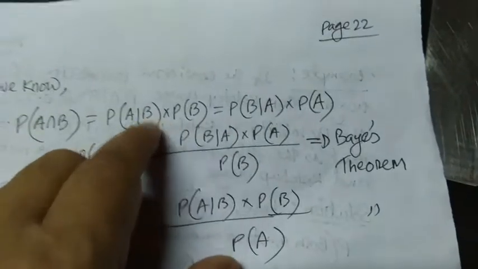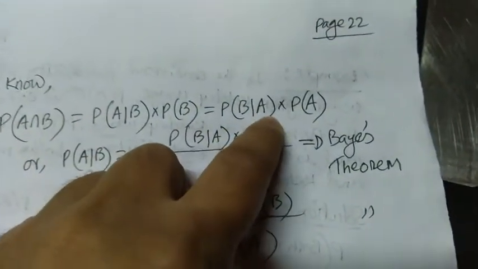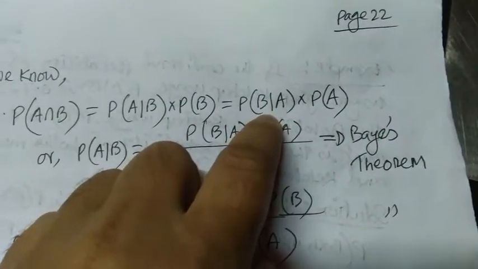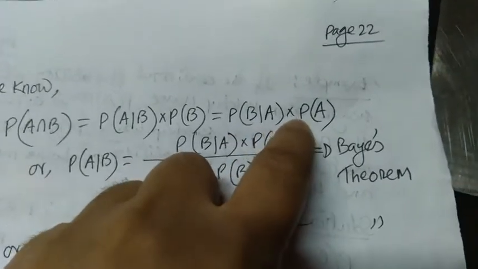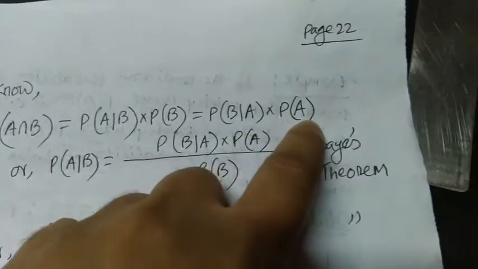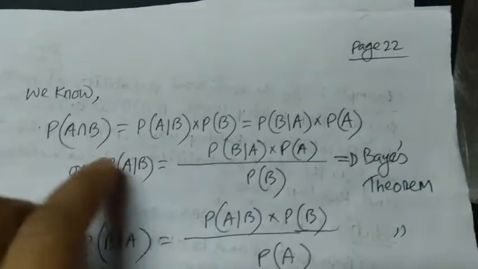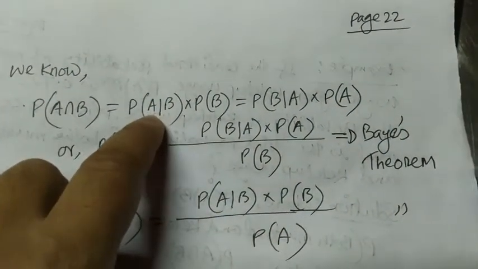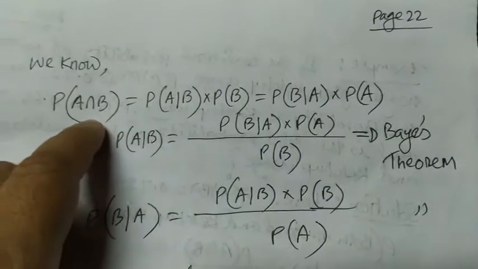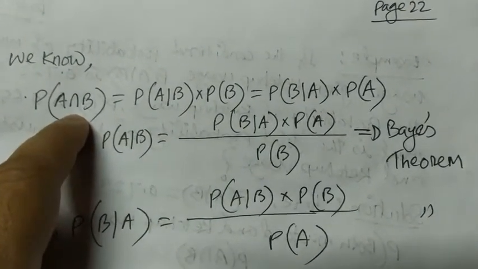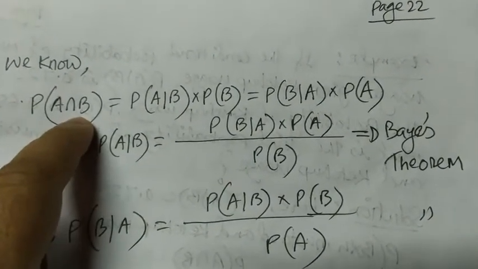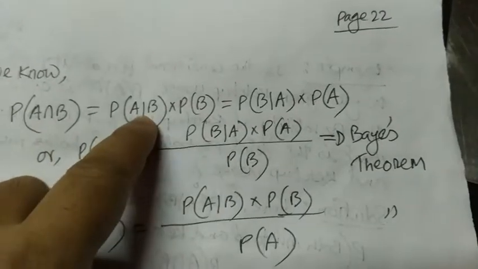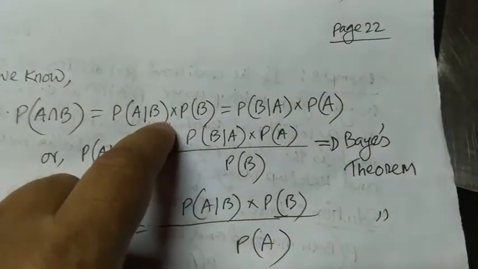So that means probability of B given A, you need to multiply it by the given part, that means probability of A. That means you can take either A given B or B given A when you calculate probability of A intersection B.